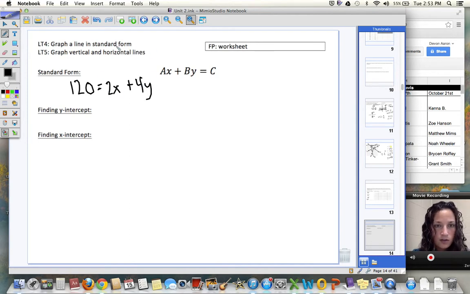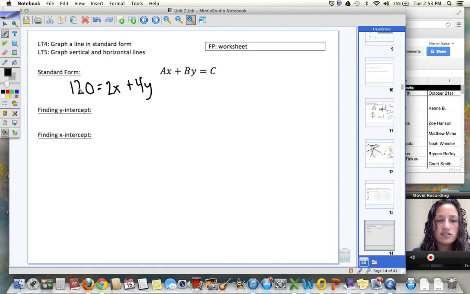So it could be you have 120 of something, and 2 of it is made up by this, 4 of it's made up by that, like legs. 2 legs are like chicken legs, and 4 would be like cows have 4, and in total you have 120 legs.